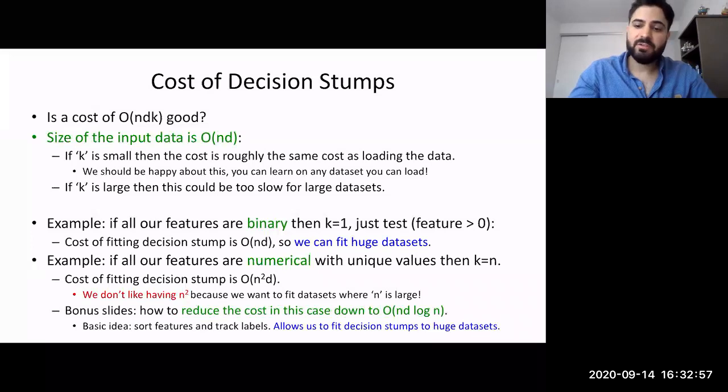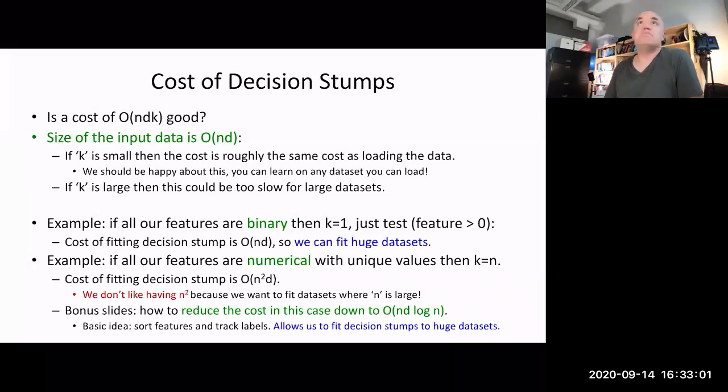Is this one of the reasons we do feature aggregation? That's not a bad point, Alan. Yes, indeed. Depending on what form of feature aggregation you do, if you actually eliminate features, then D gets smaller. If you quantize features, then K gets smaller.